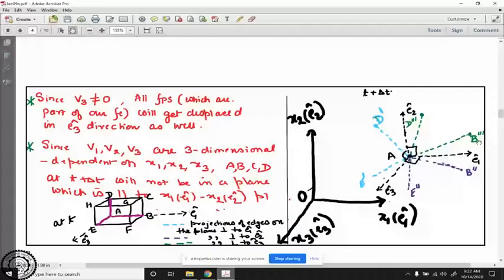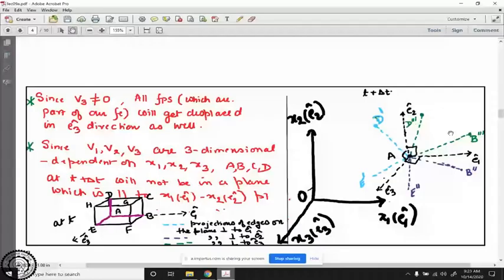I have put these three primes as I'm trying to make a nomenclature or notation scheme so that it becomes more logical. Three primes mean the projection of B on a plane which is perpendicular to the e3 axis, and of course that plane is the e1, e2 plane.